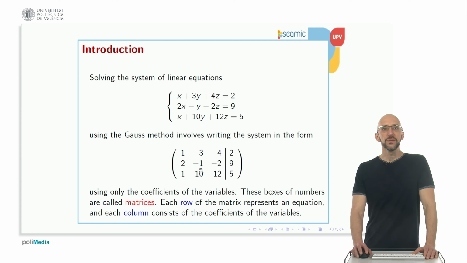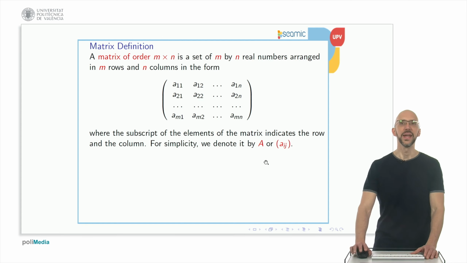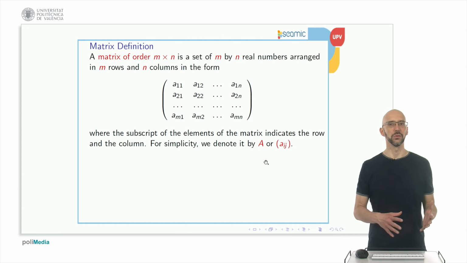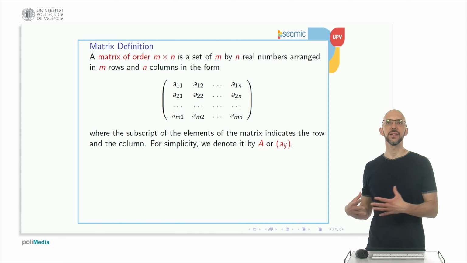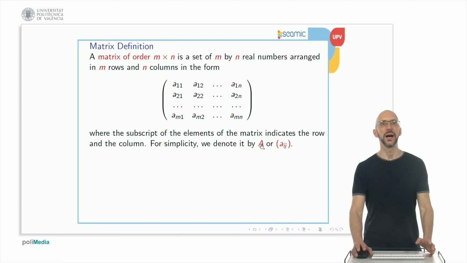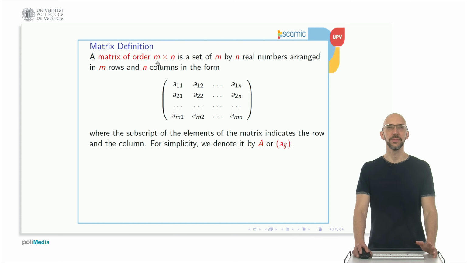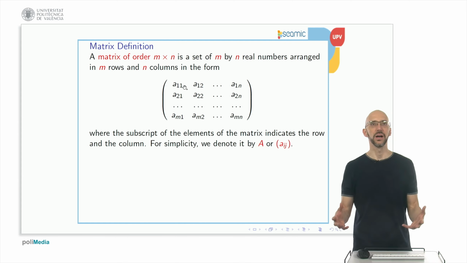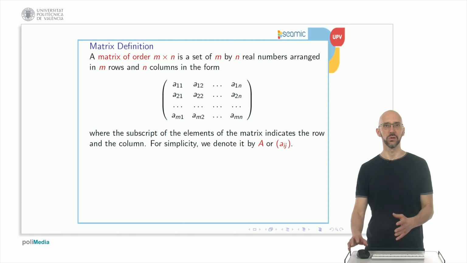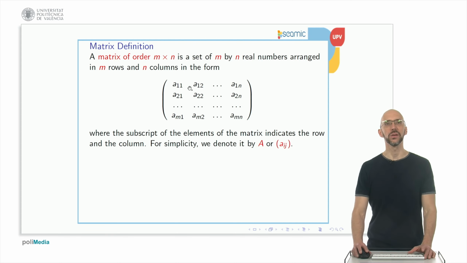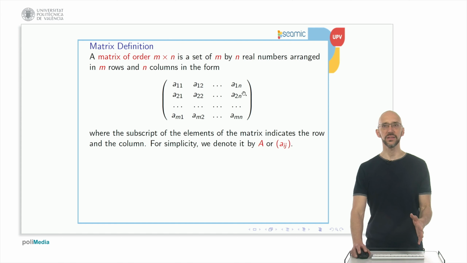Each row of this matrix represents an equation. Each column is one of the variables. These numbers are the coefficients of the x variable, y variable, and z variable. In general, do I need a linear system to introduce a matrix? No. A matrix of order m times n is numbers arranged in columns and rows, as you can see here. These A11, A12, A1n are just numbers.